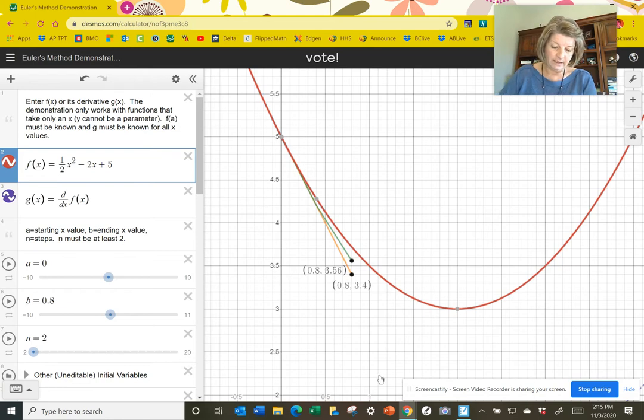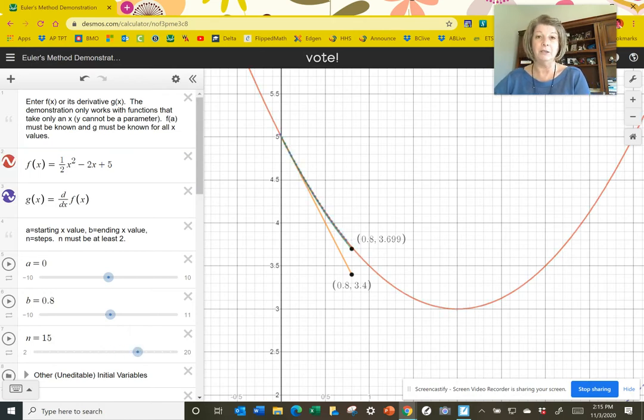I could increase the number of steps. If I did that, you can see how, what am I up to? 7, 8 steps, and so on. We're getting very, very close now to the actual curve. Now, would that be tedious to do? Oh, absolutely, because I'm at 15 steps. If you can imagine doing that process 15 times, you can get pretty accurate.